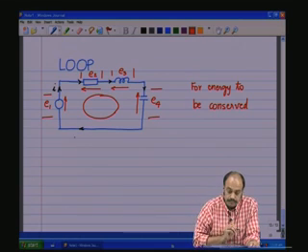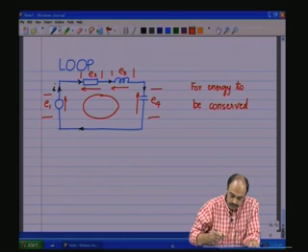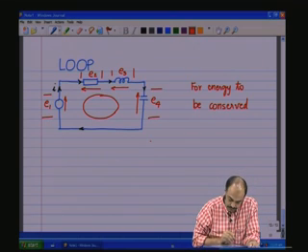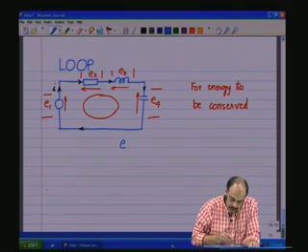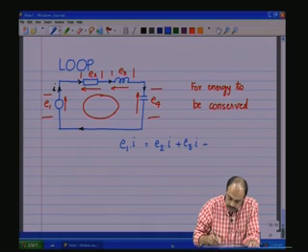So, within this loop, energy has to be conserved, which means E1 into I, which is the power that is given at any given instant, should be equal to E2 into I plus E3 into I plus E4 into I.